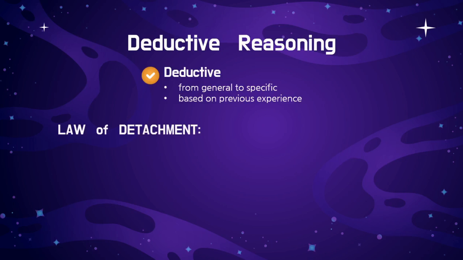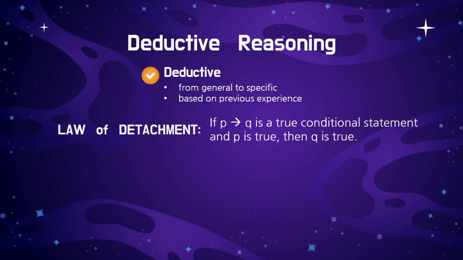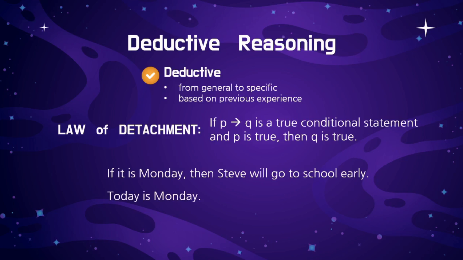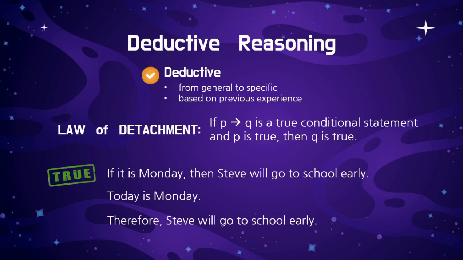Meron kasi tayong tinatawag na law of detachment. When we say law of detachment, if P implies Q is a true conditional statement and P is true, then Q is true. Okay, for example, if it is Monday, then Steve will go to school early. This is a conditional statement. Okay? So, pag sinabing today is Monday, therefore, Steve will go to school early. Kasi, if we're going to check, the first statement is true.